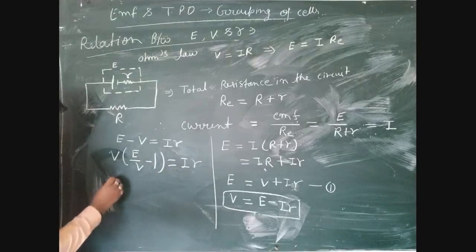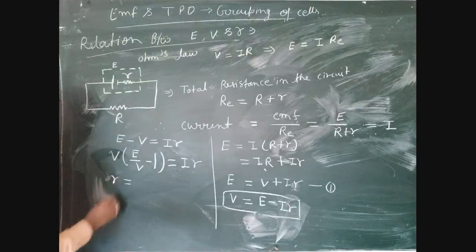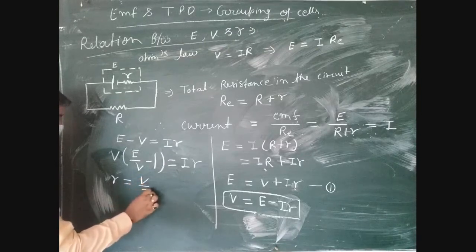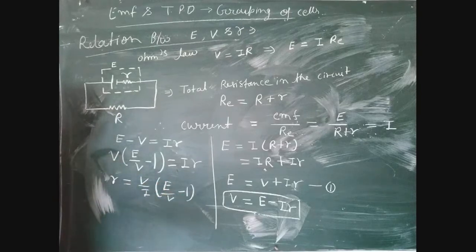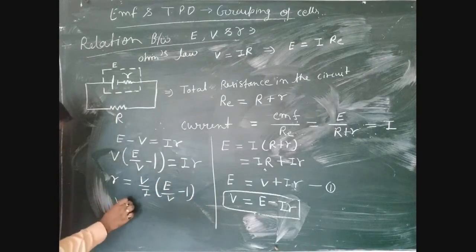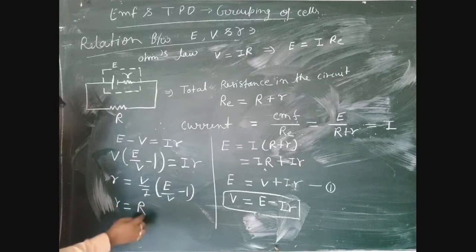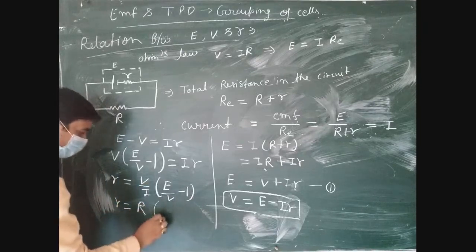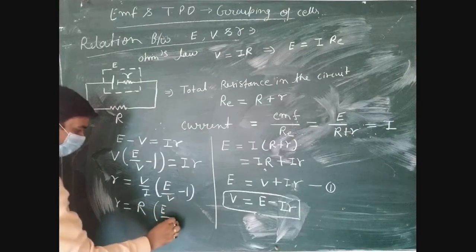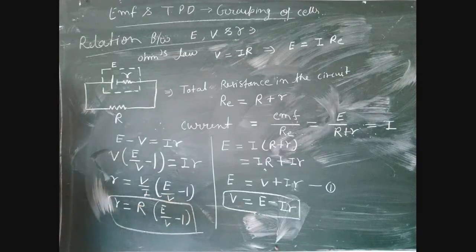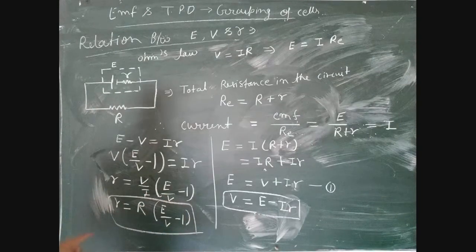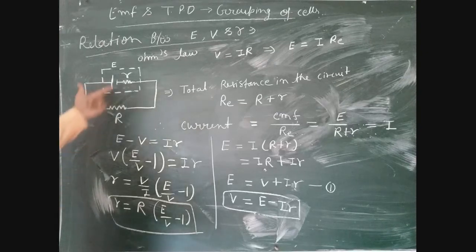Therefore, r is equal to R times (E upon V minus 1). This is the value of the internal resistance of the cell connected in the circuit.